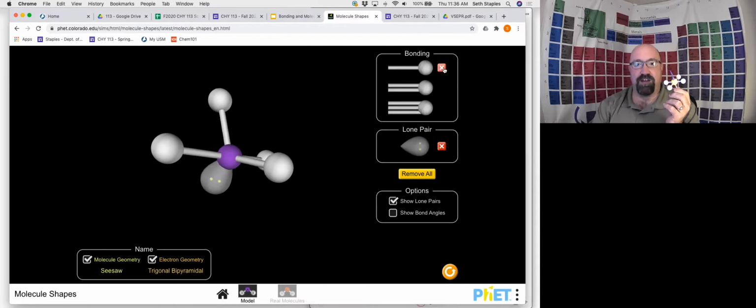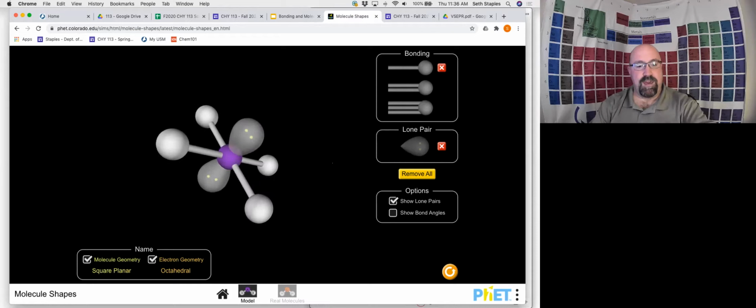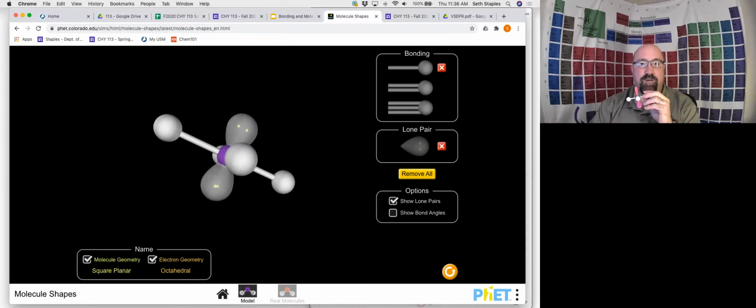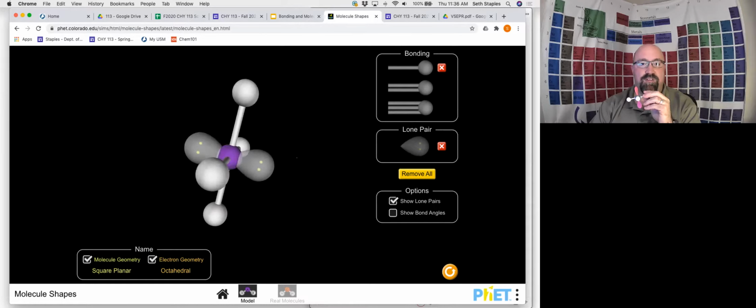Lastly, this is our very last one. If we remove one more bond and add in one more pair, we get what we call a square planar molecular geometry. Once again, still an octahedral electron geometry, still 6 electron domains around our central atom. But now we have a square planar molecular geometry because all of the actual atoms are within the same plane.